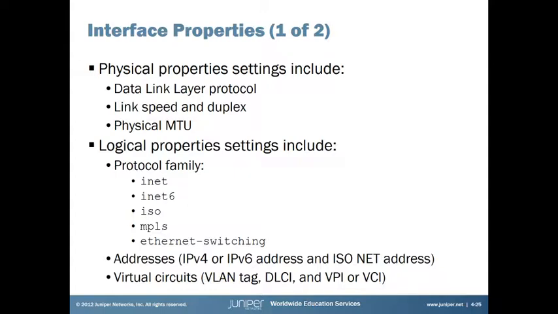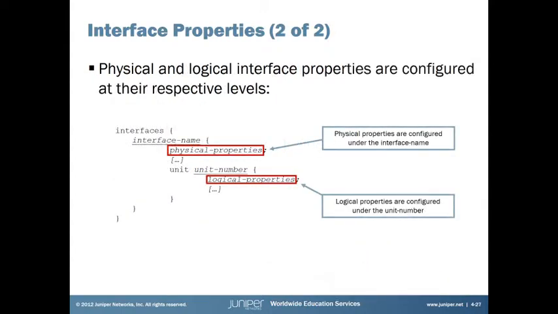IPv4, IPv6 and ISO-NET addresses can be put onto the interfaces, and virtual circuits: VLAN tags, DLCIs, VPIs or VCIs, which is Frame Relay and ATM, which we probably don't use anymore, but there are other things that you can put on there which we will use, and we'll get to that as we go along.